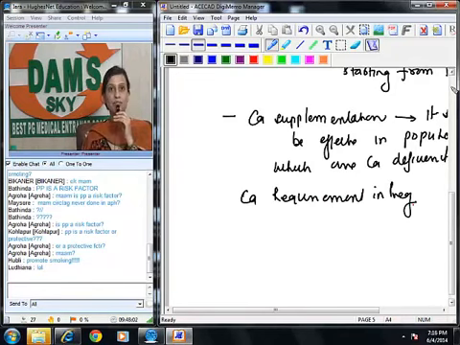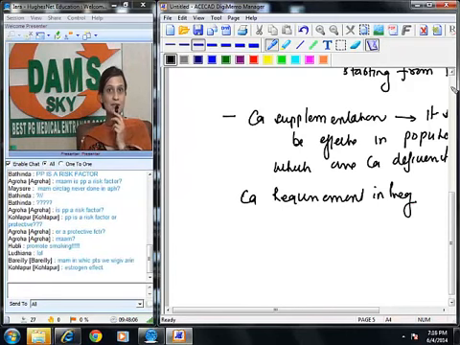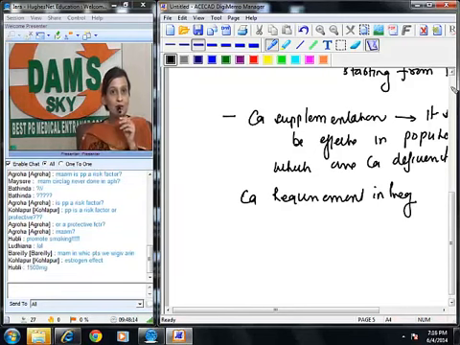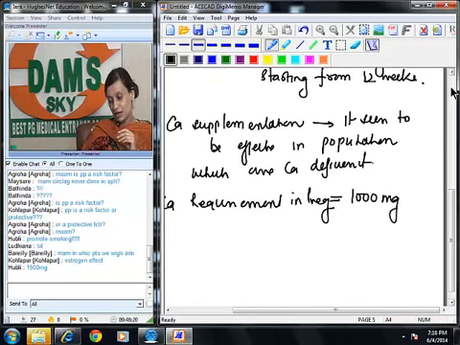Although these things come in PSM, where they give you all the recommended daily allowances. No, it is not 1500 milligrams. The calcium requirement in pregnancy is 1000 milligrams.